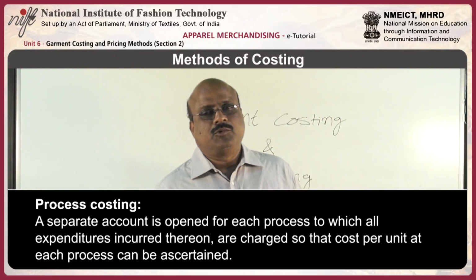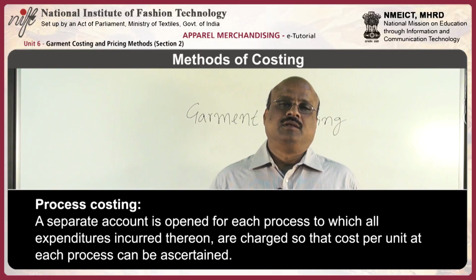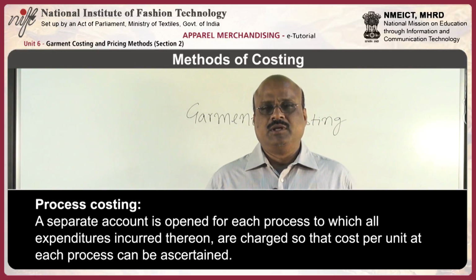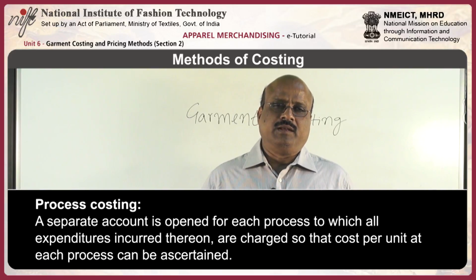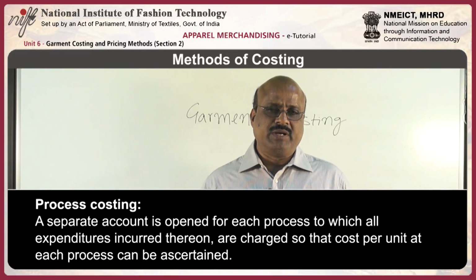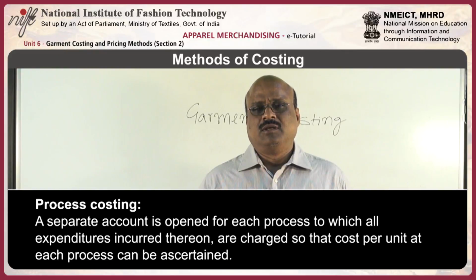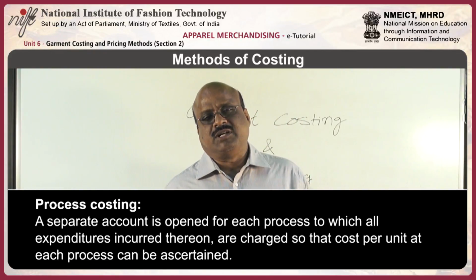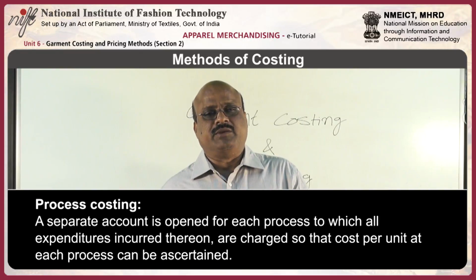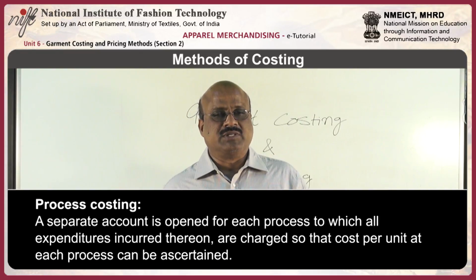The next thing is process costing. In this, a separate account is opened for each process, to which all expenditures incurred thereon are charged, so that the cost per unit at each process can be ascertained.